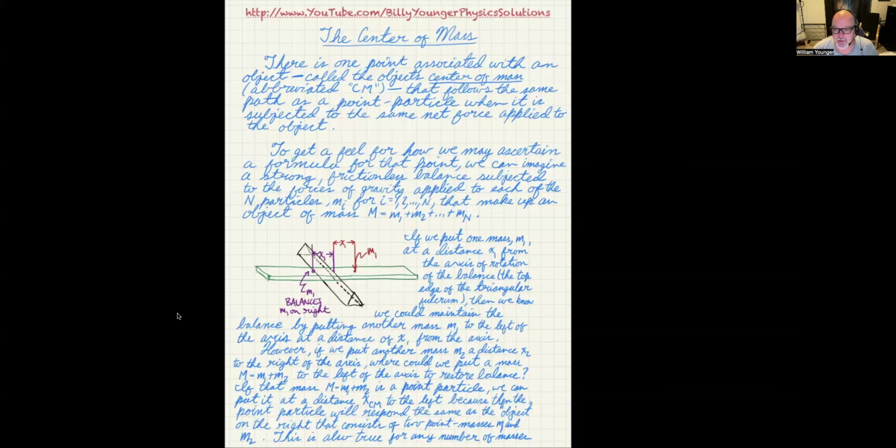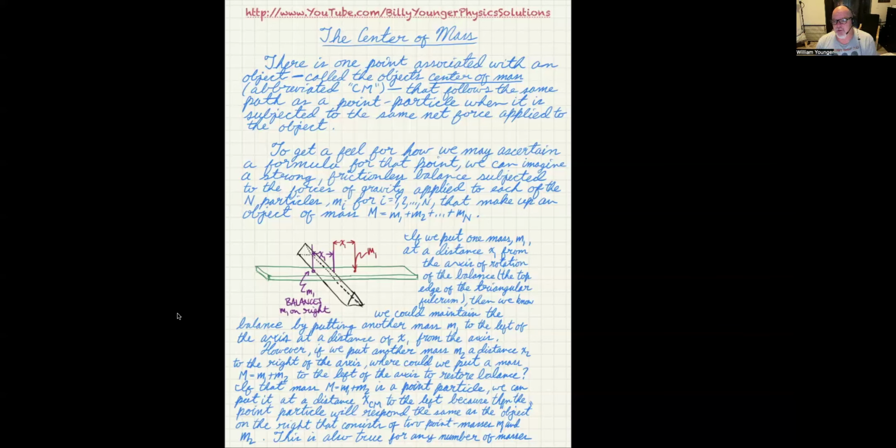But here's the other thing. What if we didn't consider changing the mass? What if we considered using the same mass, but instead of it being 5 centimeters away, it's 10 centimeters away? Well, if you have any experience with wrenches or trying to open bottles, or anything that requires a rotation, you notice that not only does the force you're applying matter, but where you're applying it matters too.